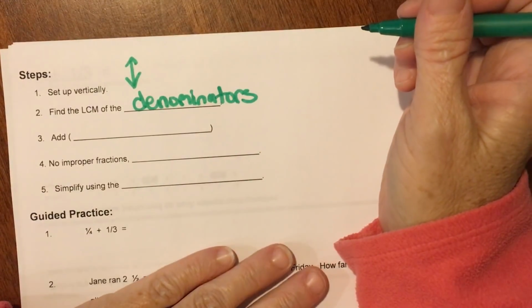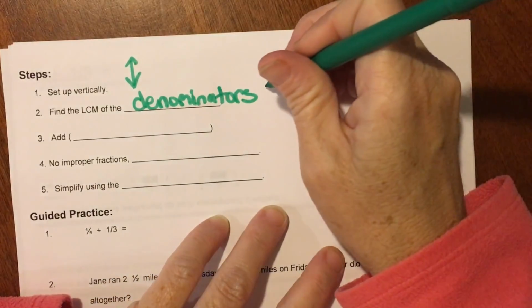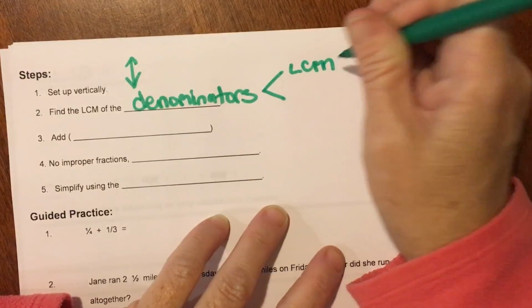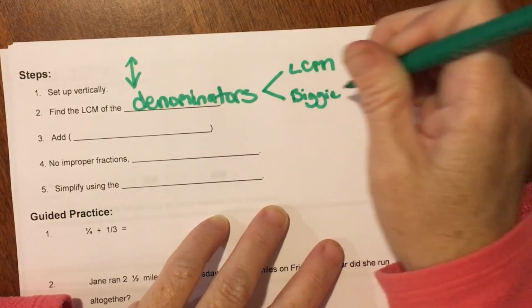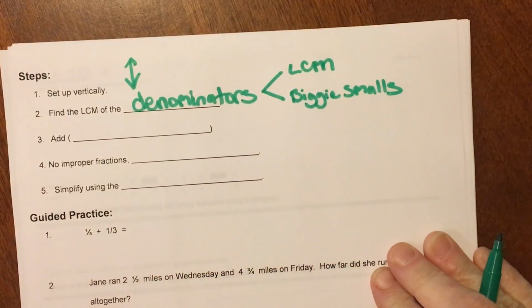When you do that, you have 2 choices. You can list out your multiples, or you can use the shortcut, if it works, Biggie Smalls. I would try the shortcut and check it.